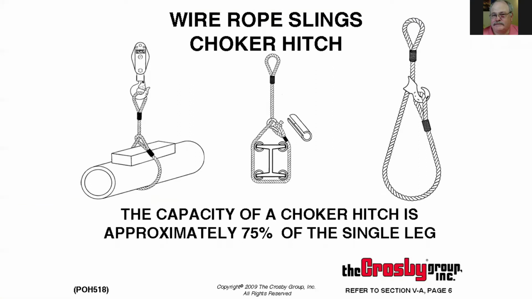You'll notice the shackle pin is through the eye, so we don't put the shackle on the body because you can actually rotate that pin out. Or with what we call a traveling hook, a specialty hook just for choking. But you'll notice that the capacity of the sling drops by 75% when you use it in choke.